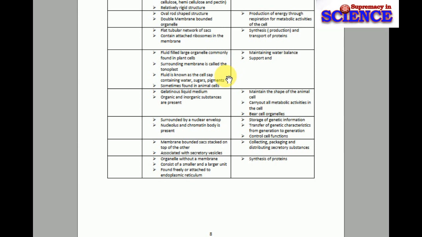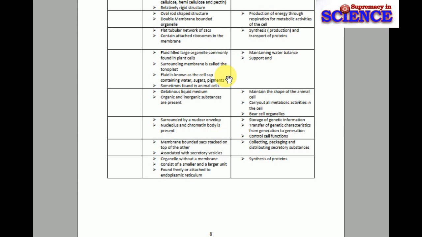You know how the petals of flowers get nice, different colours. So these pigments are found inside the vacuole. Even some other metabolic substances, metabolites: when you crush some leaves in some plants, you will get an unpleasant or pleasant smell. These are called tannins. So these tannin-like hydrocarbon substances are also found inside the vacuole. And sometimes vacuoles are found in animal cells. So this will be actually the vacuole.